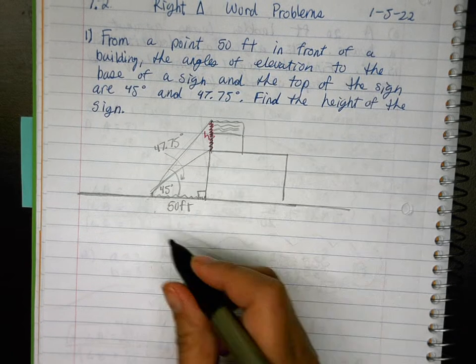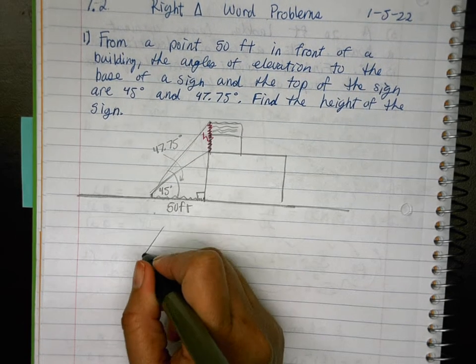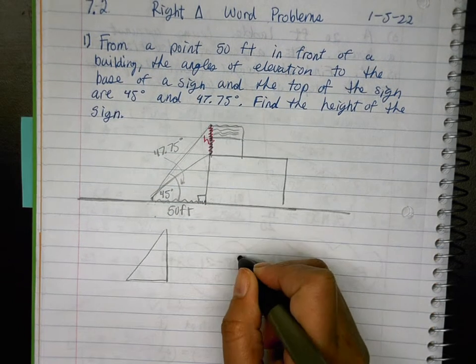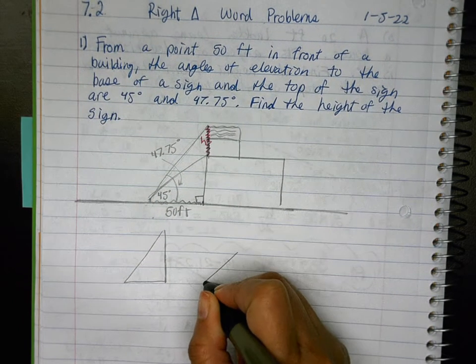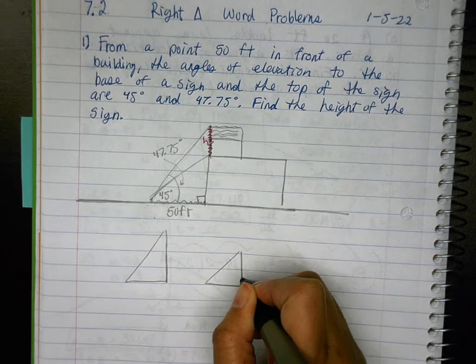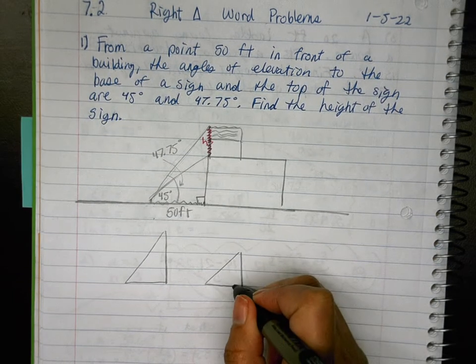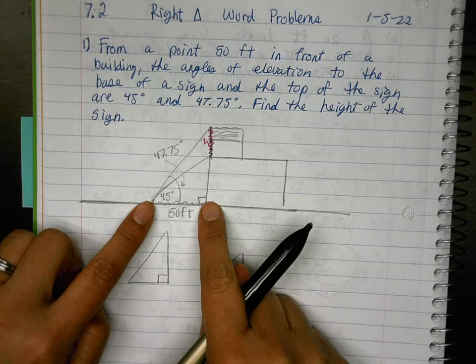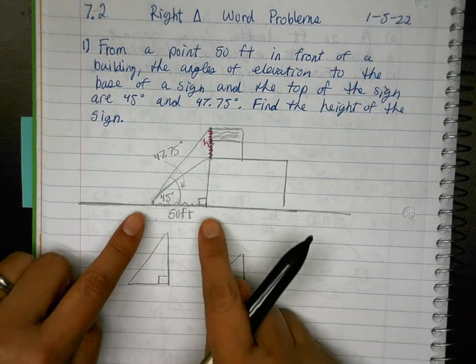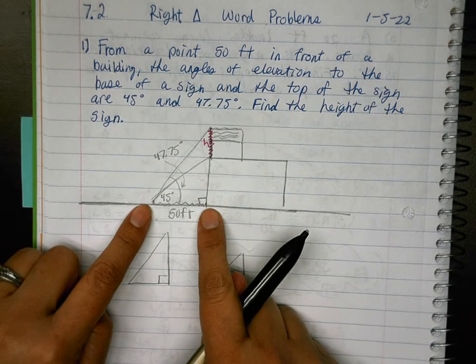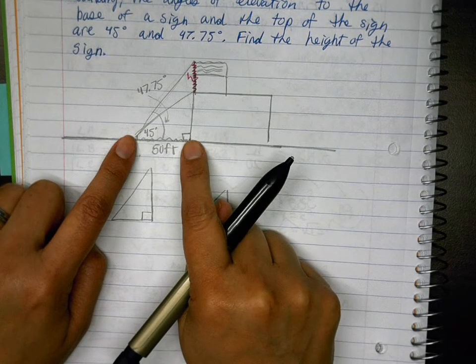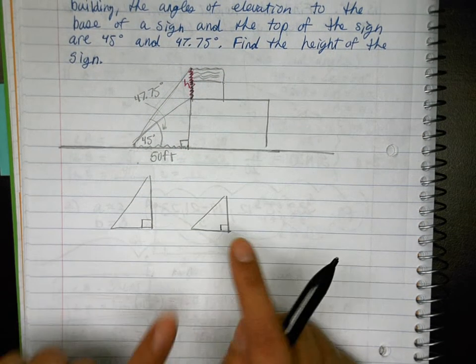All right, I'm going to draw them here. Now, they're both right triangles and they both have the same base. What's the base of both right triangles? 50.